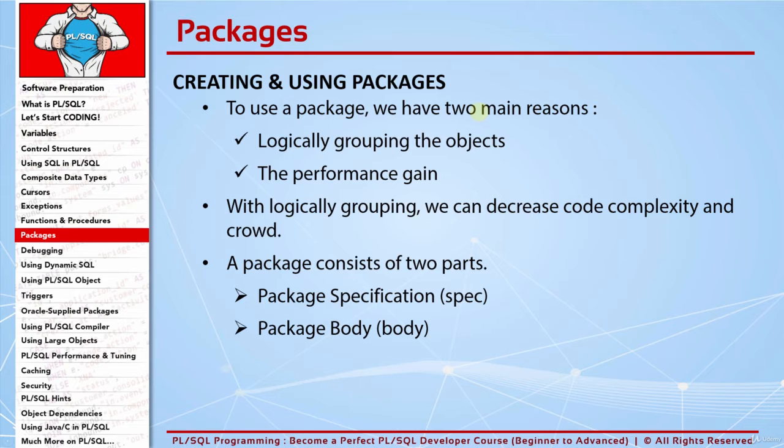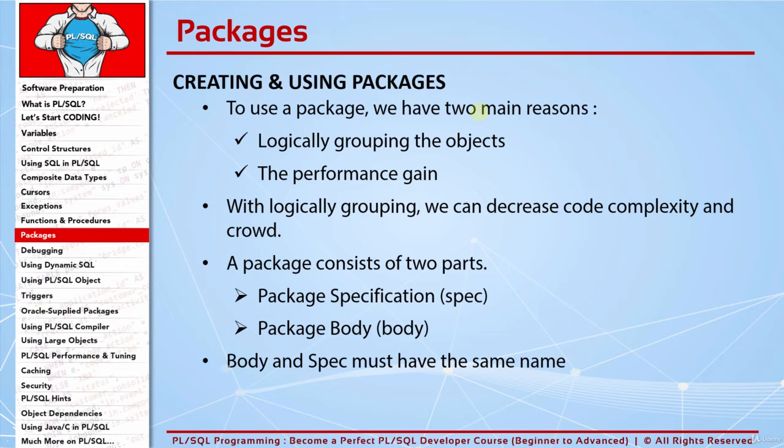It means only the package body can use these objects. So these objects are considered as private objects. On the other hand, a package body can also use the objects declared in the package spec. No problem on that.